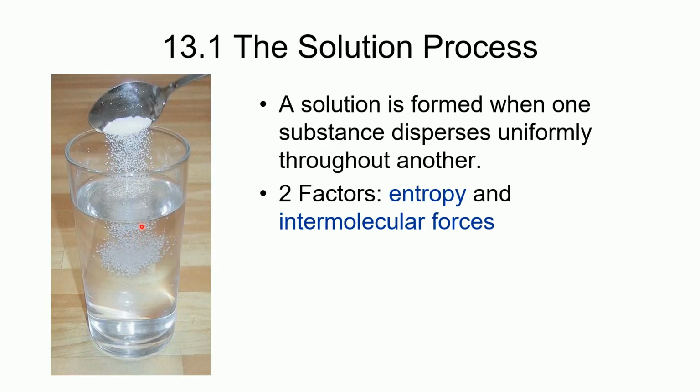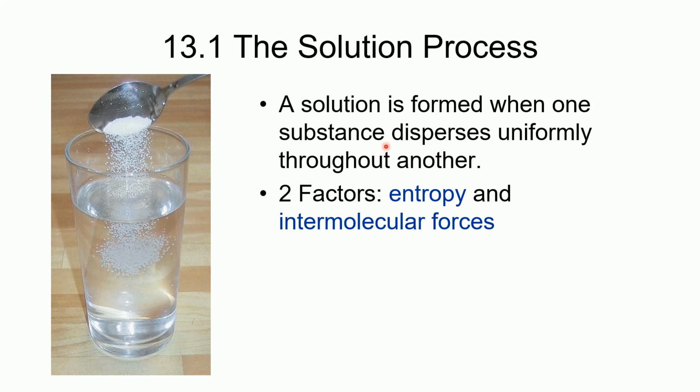So whenever we make a solution, over here on the left, we've got some salt that we're dissolving in water. And we want to determine what things are happening when one thing dissolves in another. Whenever a solution forms, we'll find that the particles are dispersed evenly throughout the mixture, throughout the water.